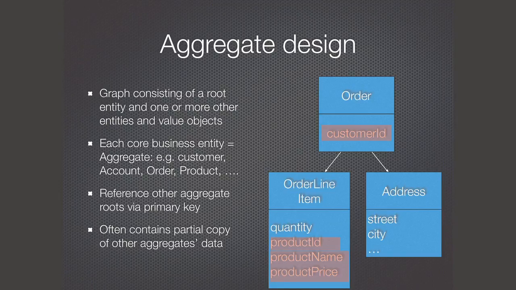An aggregate is a graph consisting of a root entity and other objects, entities or value objects hanging off it. They tend to correspond to business objects like orders, customers, products and shopping carts. But there are constraints. A reference to other aggregate roots is not by a direct object reference, as we would normally do in a traditional OO model, but by the primary key.